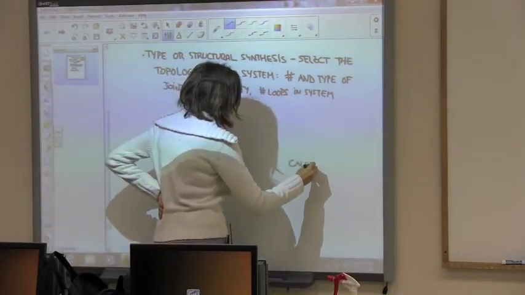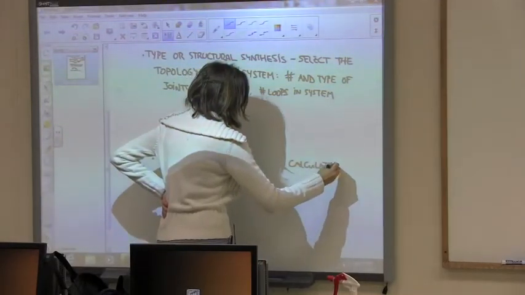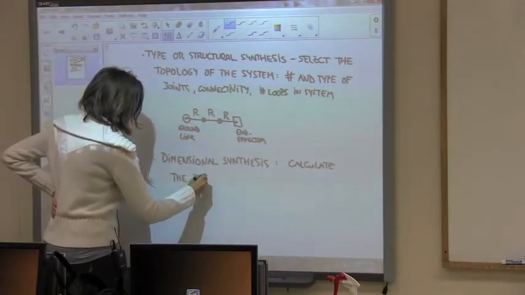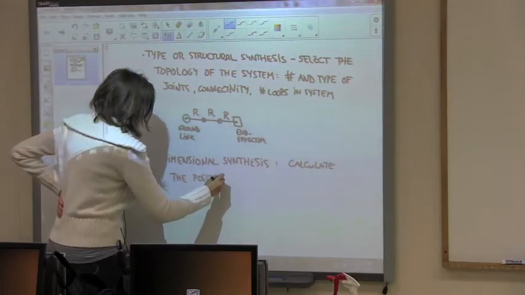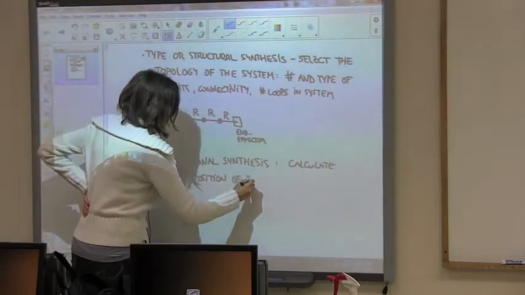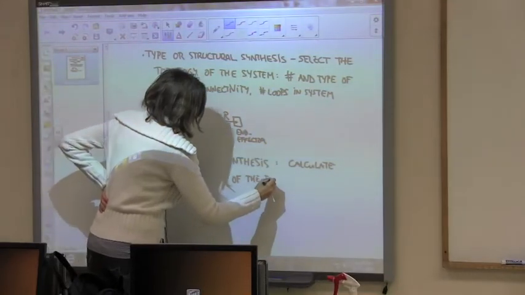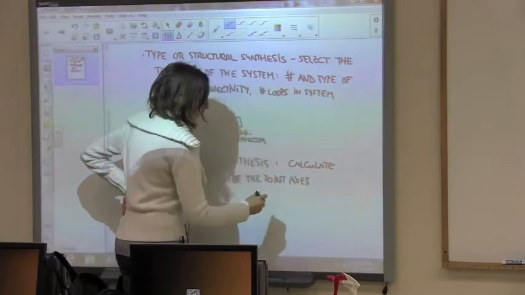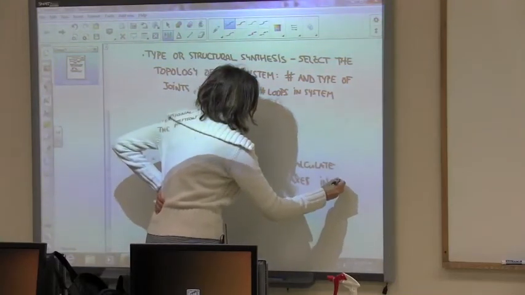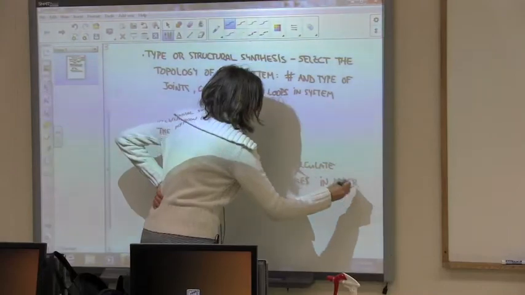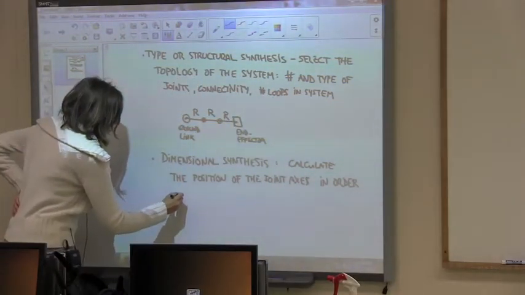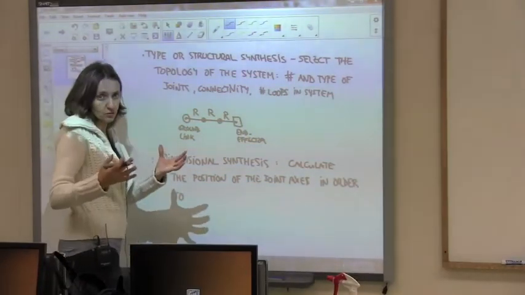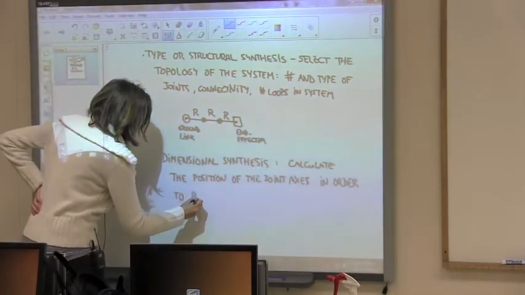Calculate the position of the joint axis in order to reach the task, or to be able to perform the task, or to go as close as possible to performing it.